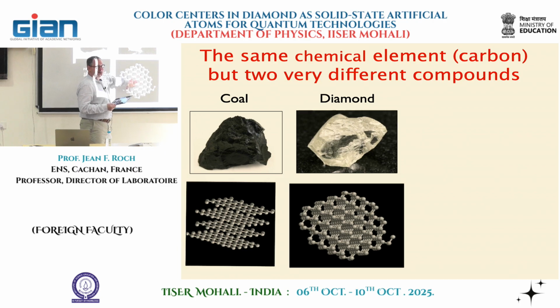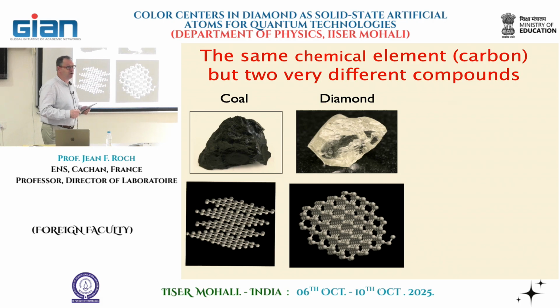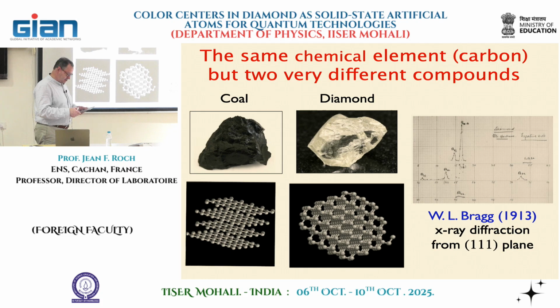And diamond has sp3 bonding with covalent bonds, a really tight system, which gives all the important properties of bulk diamond. And the difference of structure was actually found by Bragg in 1913, just after the invention of X-ray diffraction.